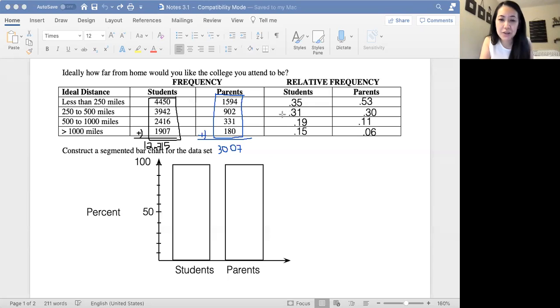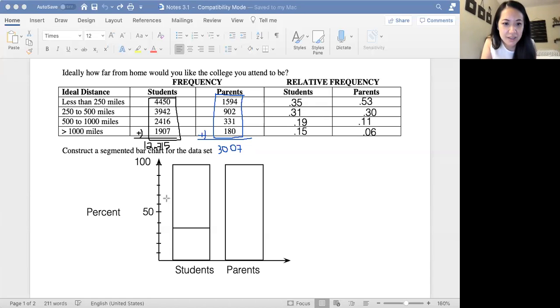First, I have the 35%, so I'm going to mark off 35% right there for less than 250. Okay. And then I'm going to add on another 31%, right? Since I'm stacking it, I have 35 plus 31, so I should go up to a total of 66 accumulated after that.